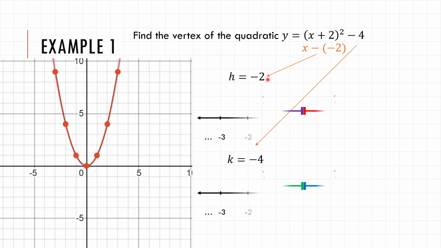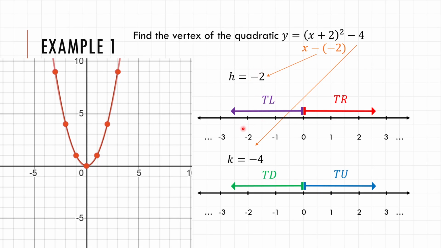And when h is a negative number, remember that means it was translated to the left by 2 units. And because the value k was a negative number as well, it means it was translated down by 4 units. Okay, so this is the situation we find ourselves in. Let's start to actually move this parabola.